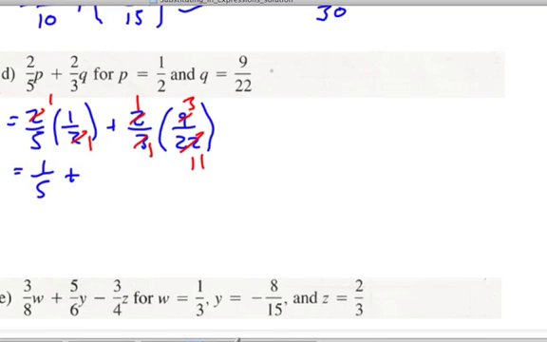So we end up with 1 times 3 is 3 over 1 times 11, which is 11.